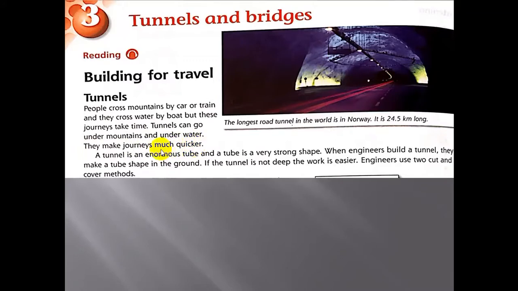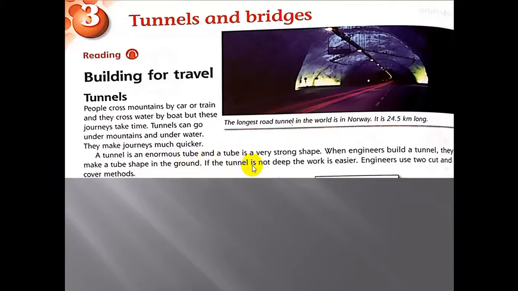ويجعلون الرحلات أسرع بكثير. A tunnel is an enormous tube. والنفق هو عبارة عن أنبوب ضخم. And a tube is a very strong shape. والأنبوب ذو شكل قوي للغاية. When engineers build a tunnel, عندما يقومون المهندسون ببناء نفق, they make a tube shape in the ground. فإنهم يصنعون شكل أنبوب في الأرض.